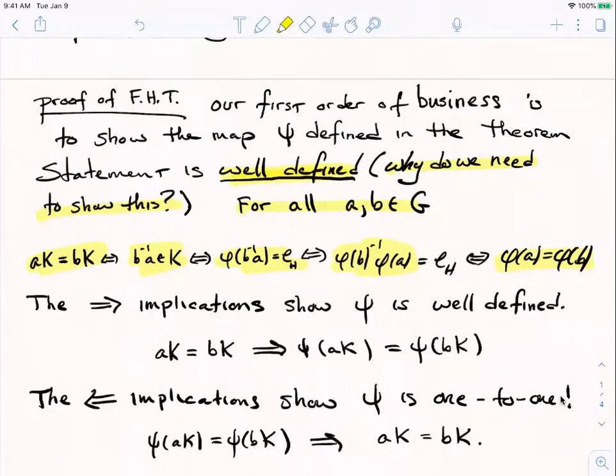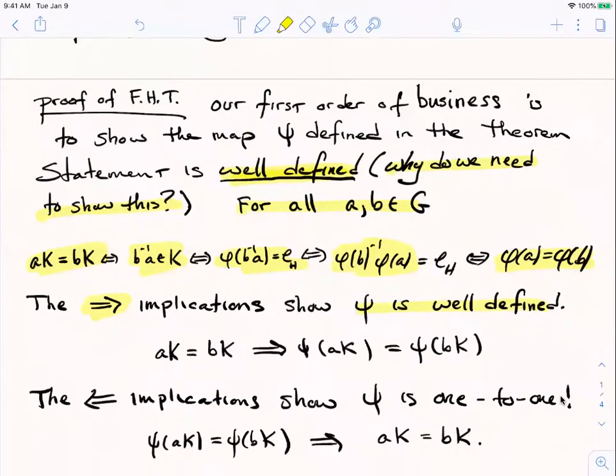All right. So each one of those implications, those if and only if statements, is explained, and then let's see what we can get from them. If you look at the ones that are only pointing to the right on your screen, the implications that are all kind of the ifs, they exactly show that psi is well defined. Why is that?